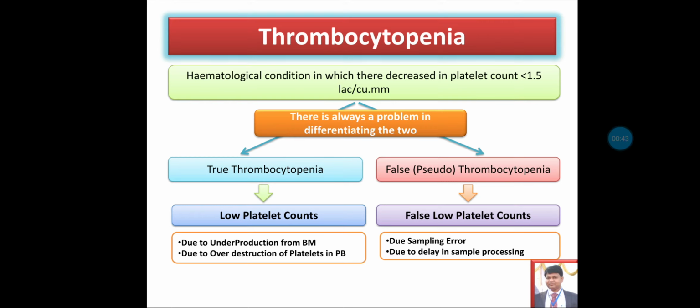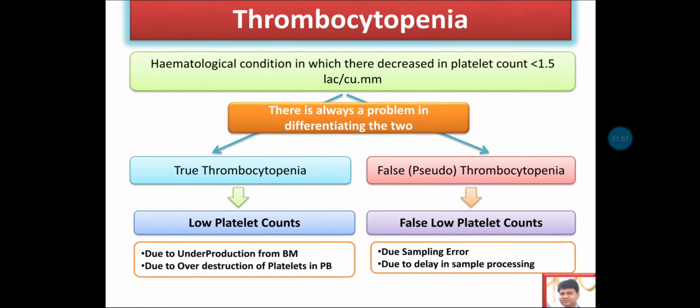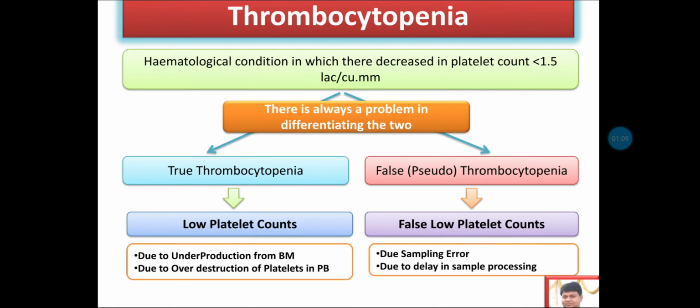As we know, thrombocytopenia is basically a hematological condition in which there is a decrease in the platelet count to less than 1.5 lakhs per cubic mm, and we interpret this from the CBC findings of the hematology analyzer. It is very difficult to say whether the counts plotted on the CBC are true or false.